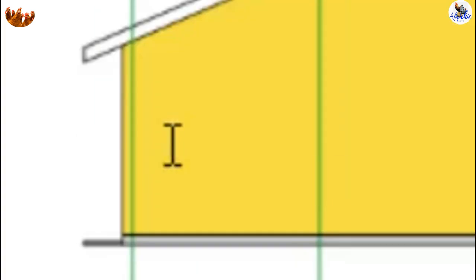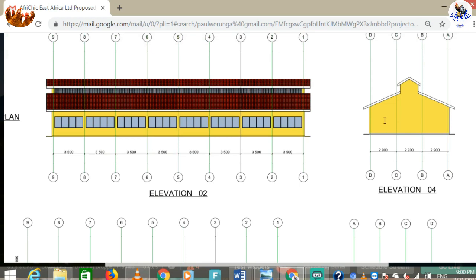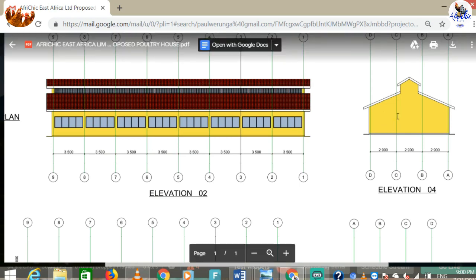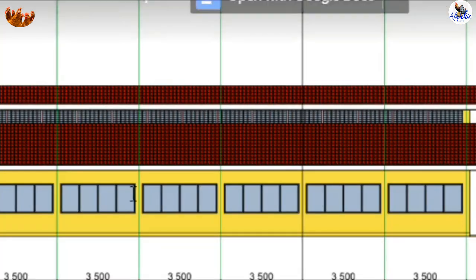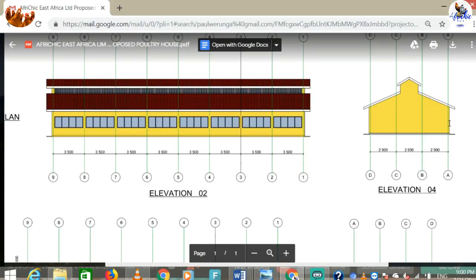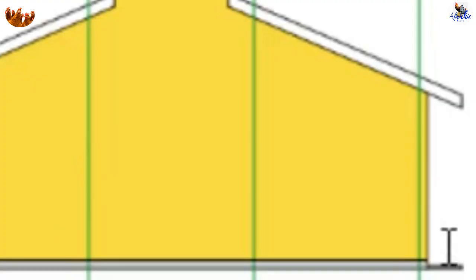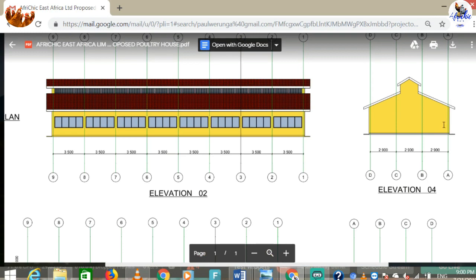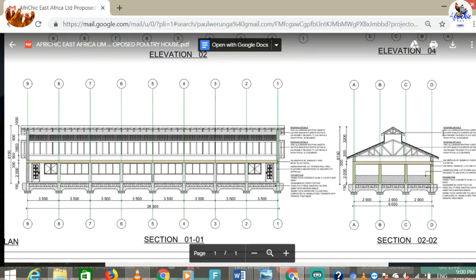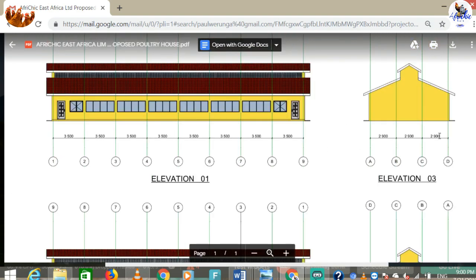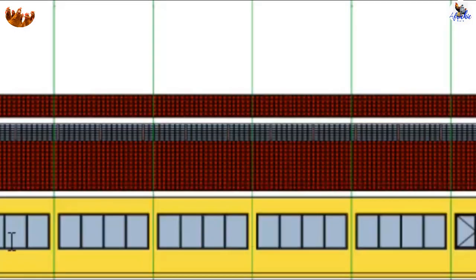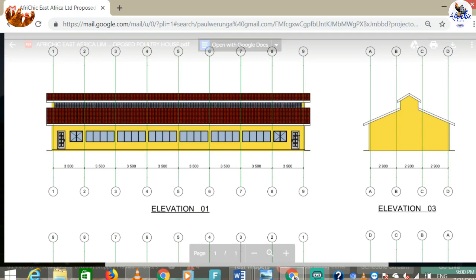Now, the left line of the battery cages gets its aeration or rather ventilation from the left window grill, and the right cages on the right hand side get their ventilation from the window grill on the right side.